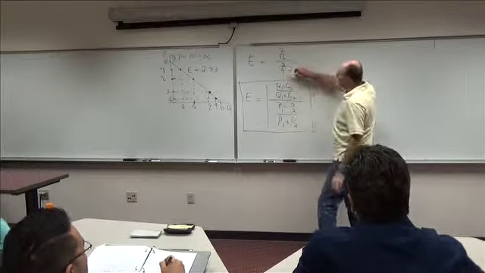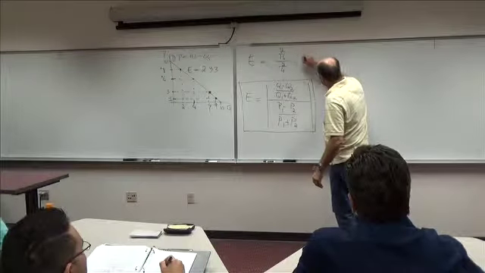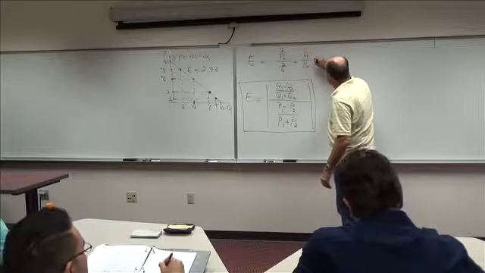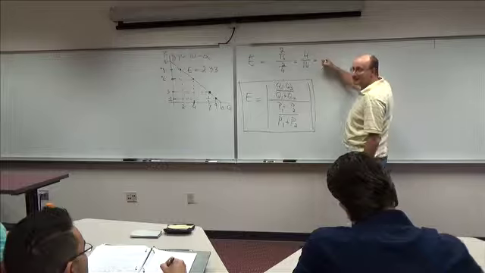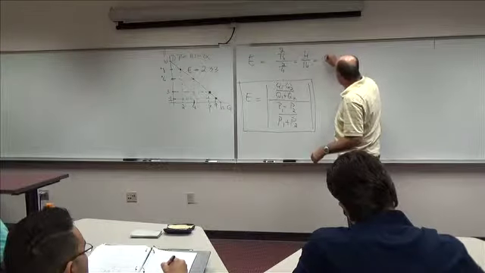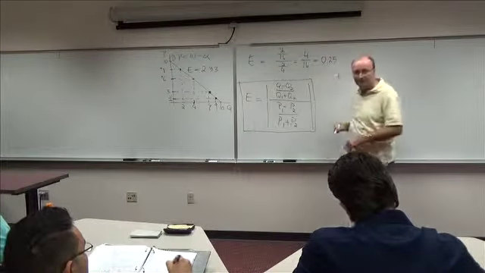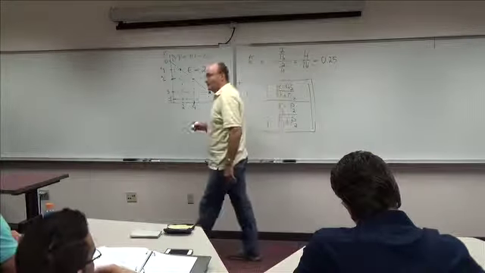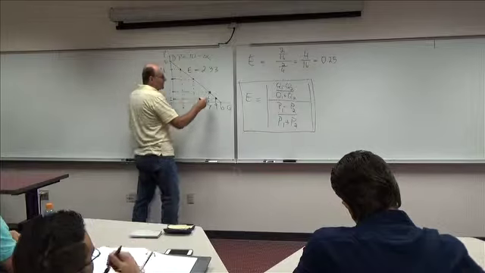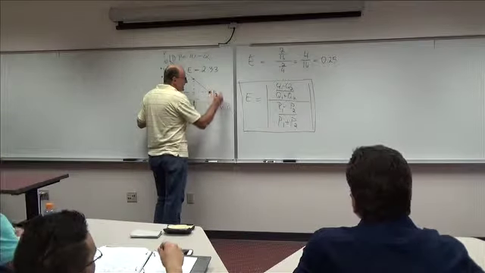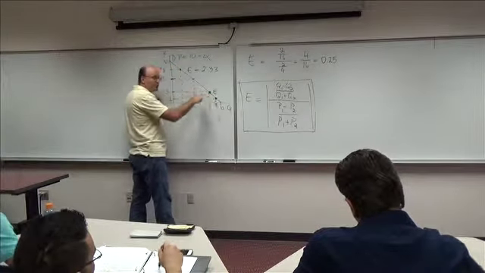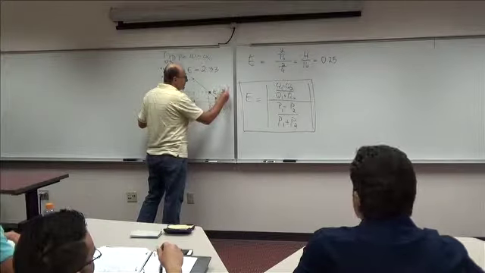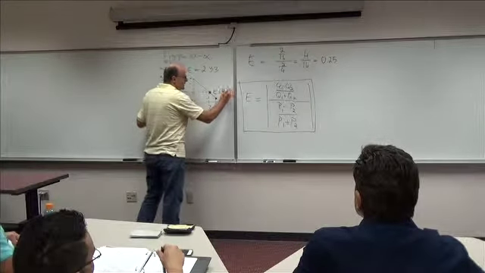Of course, 4 divided by 16. Thank you. 4 divided by 16 is 1/4 or 0.25, right? So we found out that elasticity along this bottom portion of the demand curve is actually 0.25.